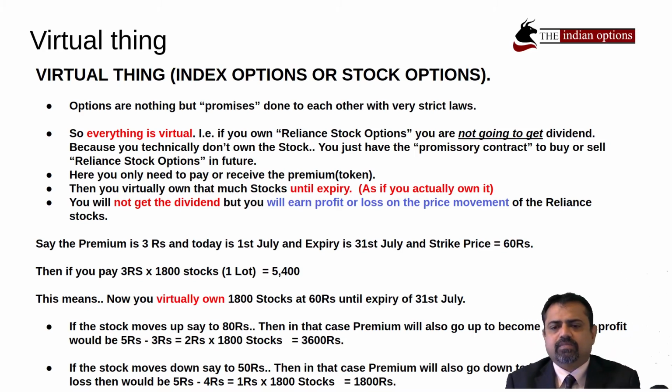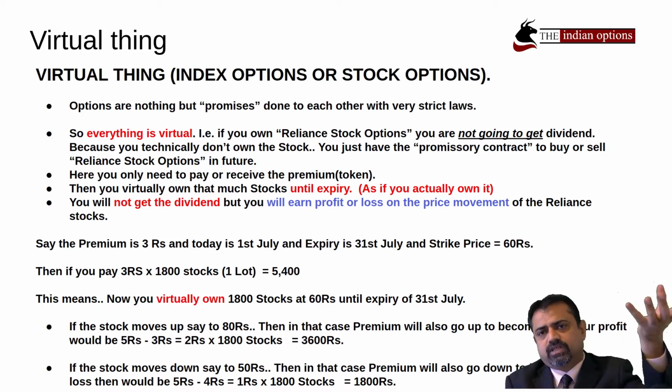Now in this example, in this sheet, let's say the premium is 3 rupees. So in these options, if you want to buy one lot, you will have to pay only the 3 rupees premium multiplied by 1800, that is the lot size. So you will need only 5,400 rupees to get one lot.